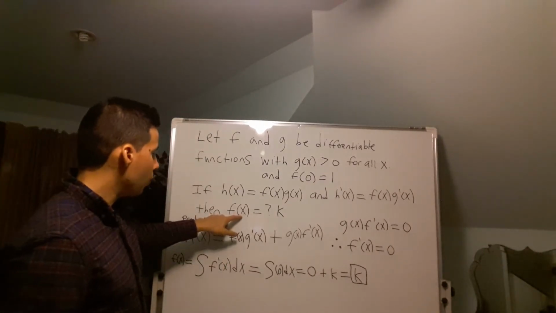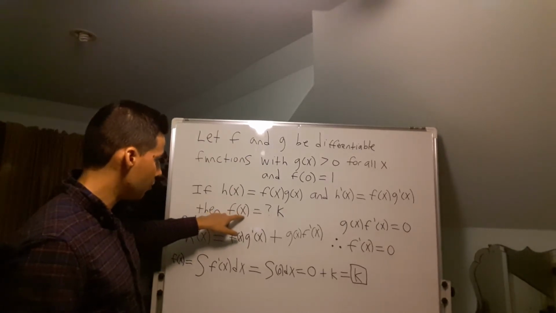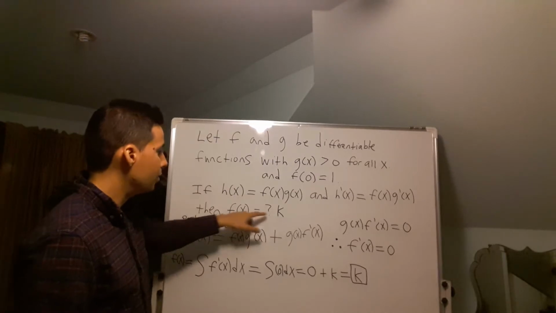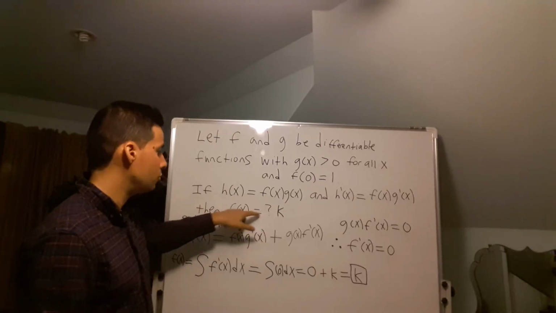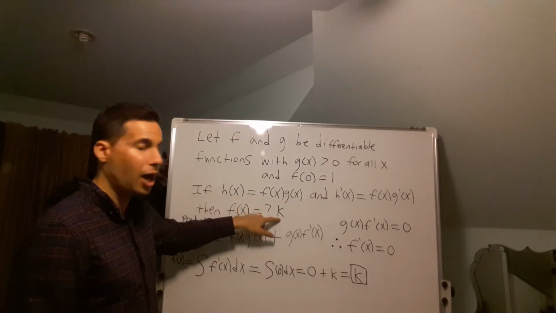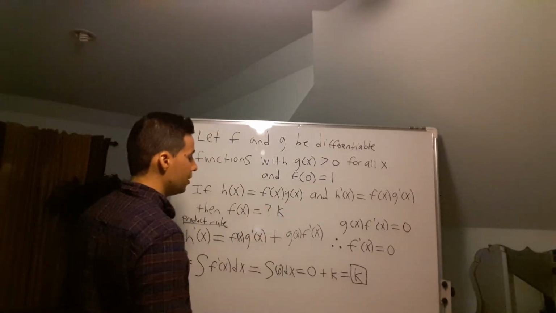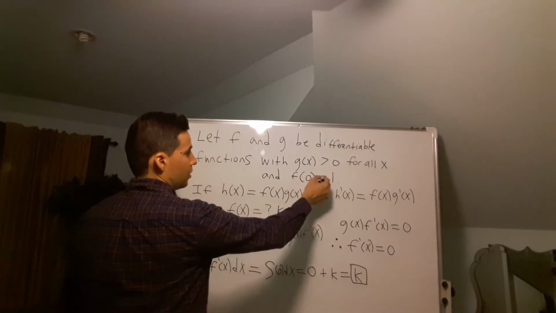So f of 0, that means if you plug in 0 here, this is a constant, it's telling you if you plug in 0 for x, the output is 1. That means that this k must be 1. That's what they're telling us.